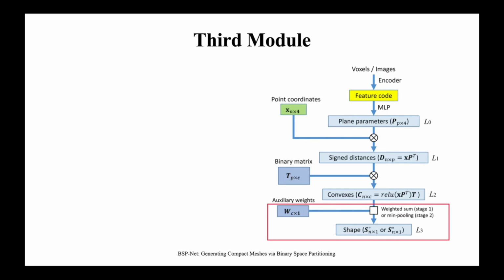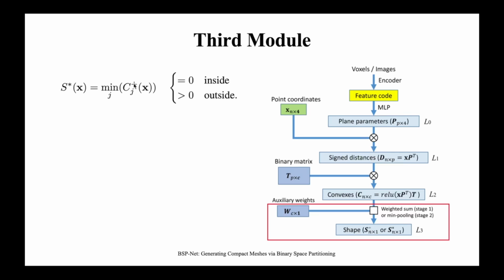Then, after those first two modules, we have the third module. Instead of learning whether a point is outside a convex, now the model tries to learn whether a point is outside the final polygonal mesh. The authors proposed to use the mean pooling to do the job. So here is the equation they use.